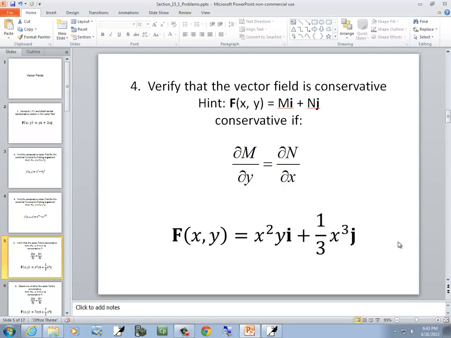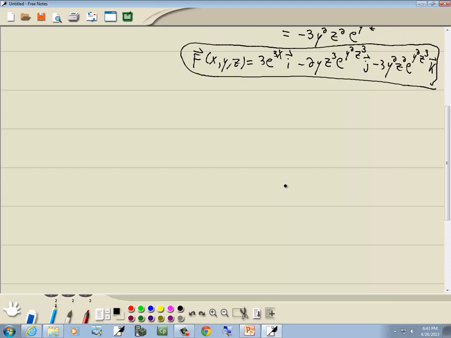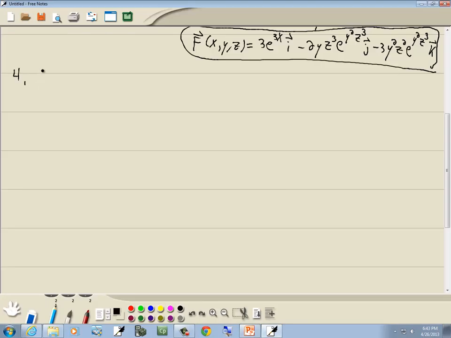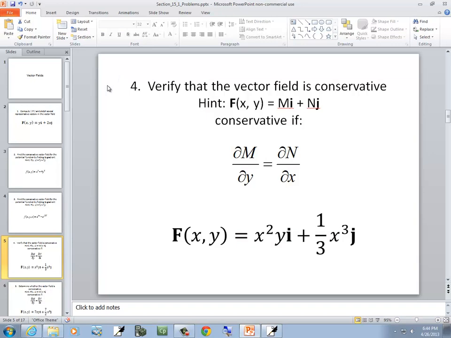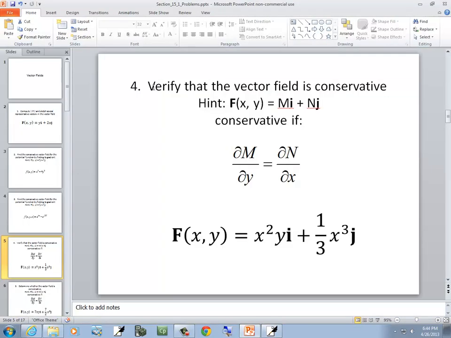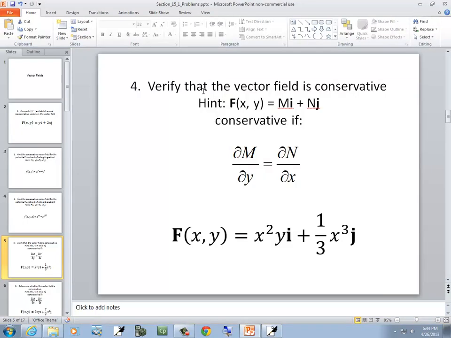Okay. Now the next problem asks us to verify that the vector field is conservative. Number 4. And we've got f of x, y is equal to x squared y i plus 1/3 x to the third j.